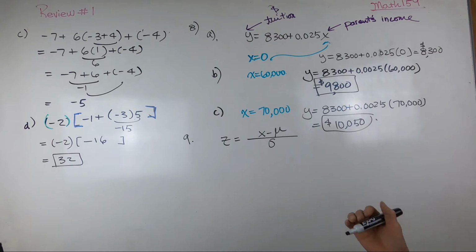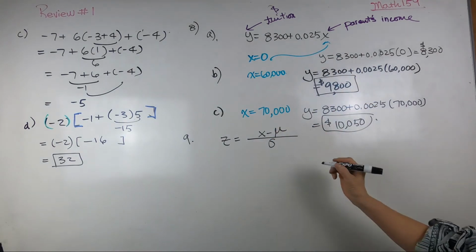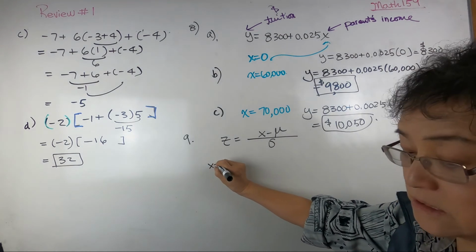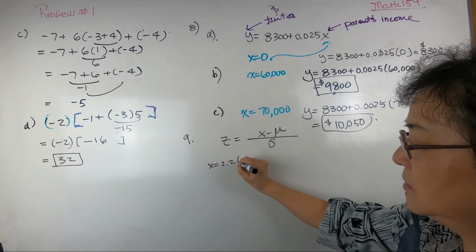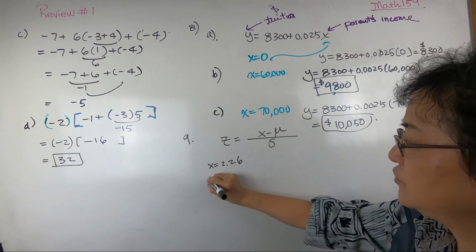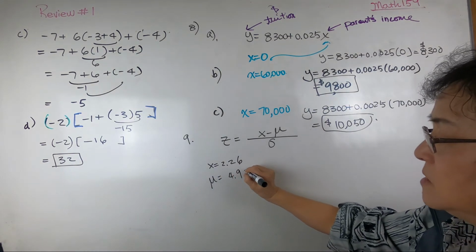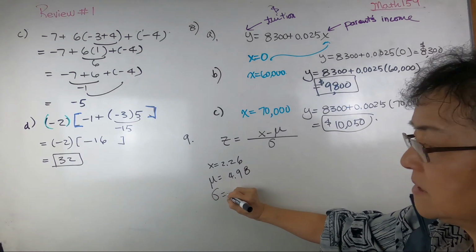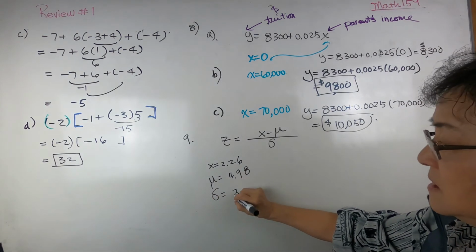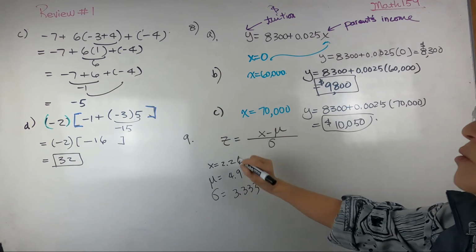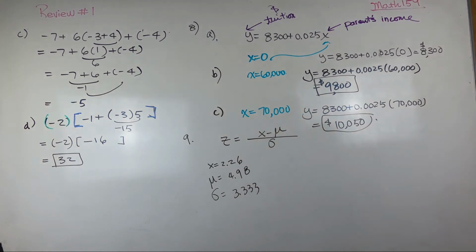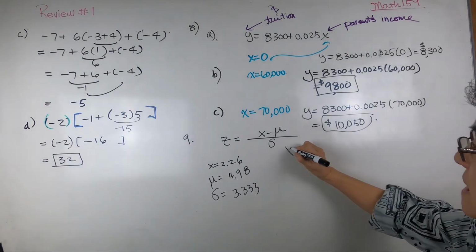But now we just learn the algebra skills to plug in. So it says X is this. Your variable is this. Your mu, the population mean, is this one. Your population standard deviation is this one. Then what's your z? So we want you to know how to plug in.